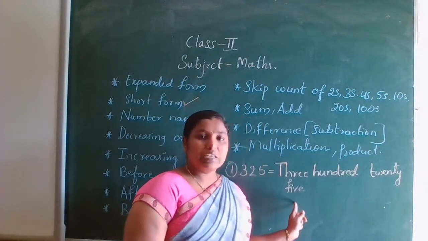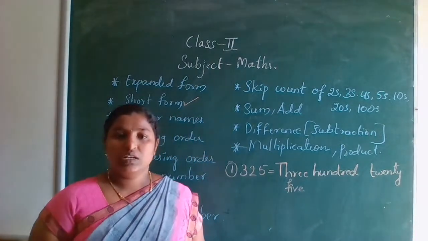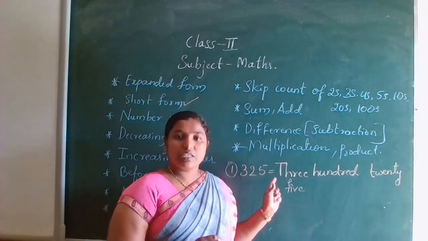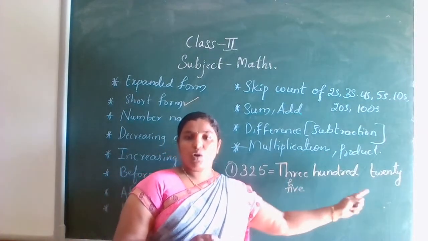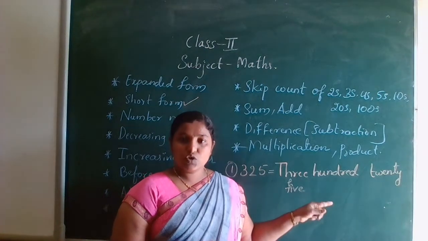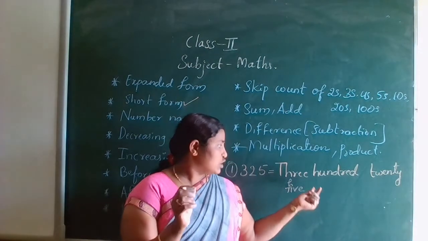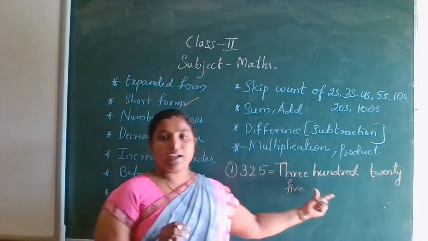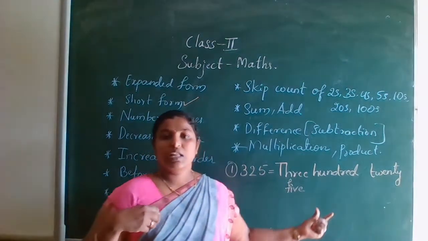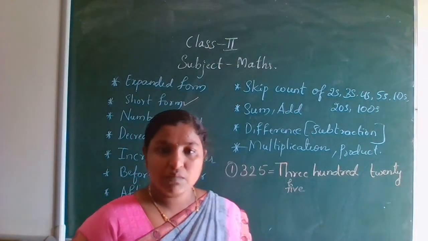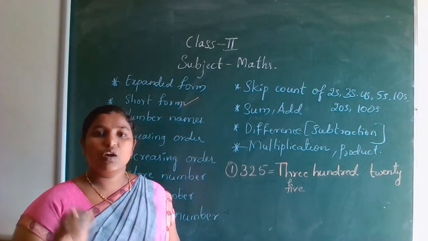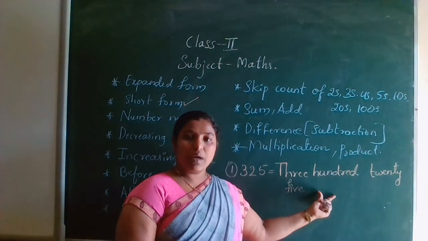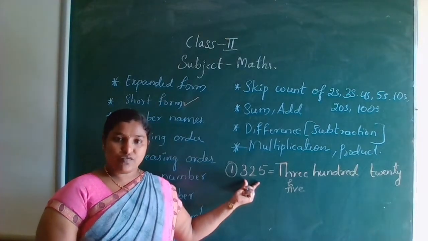Then only it will look very neat, and we can understand it properly. So how you read, like that only you should write in words. That is known as number names, writing numbers in words. 325. This is the number name of this short form.